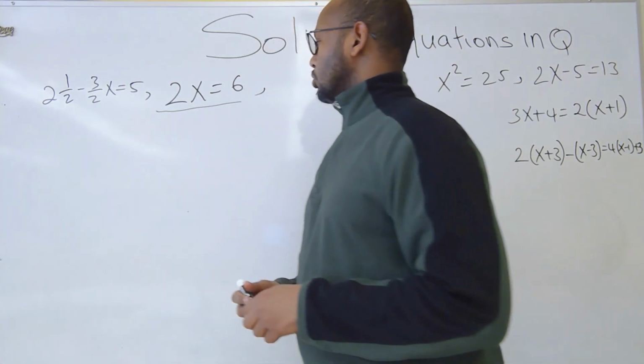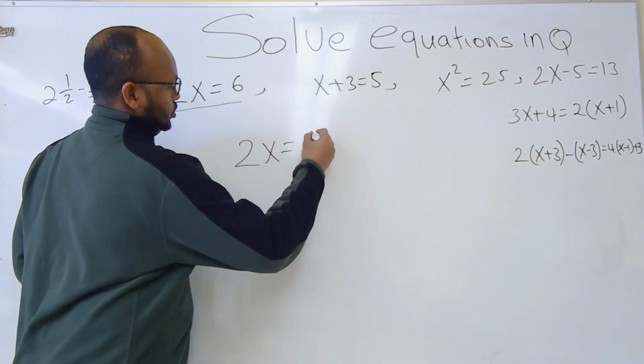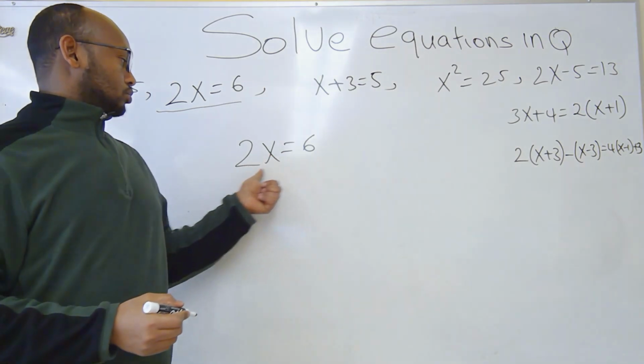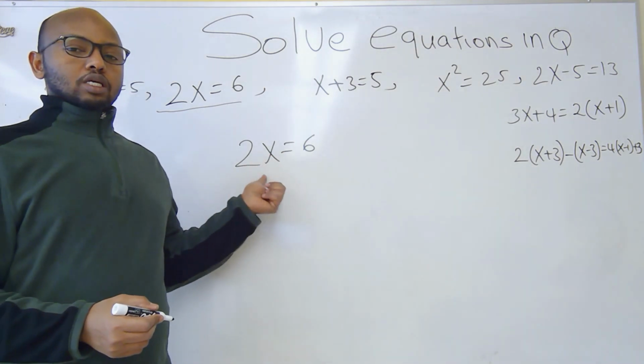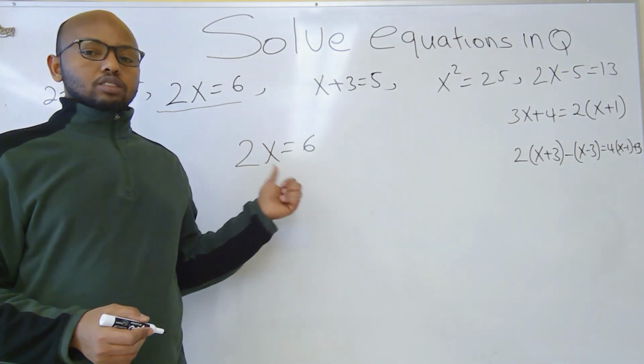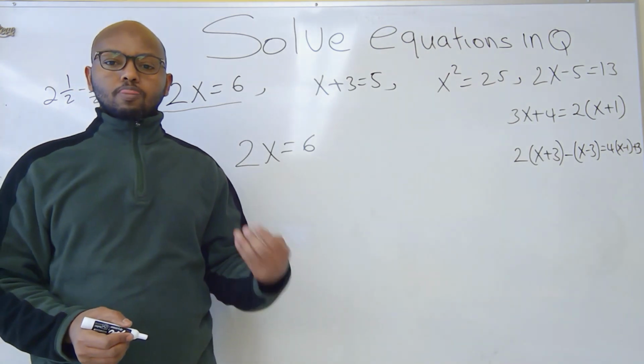Okay, how do I do that one? I take the equation, 2x equals 6. First, I look at what the operation is here. The operation here is multiplication, the relation between the 2 and the variable x. What is the opposite of multiplication? Division.